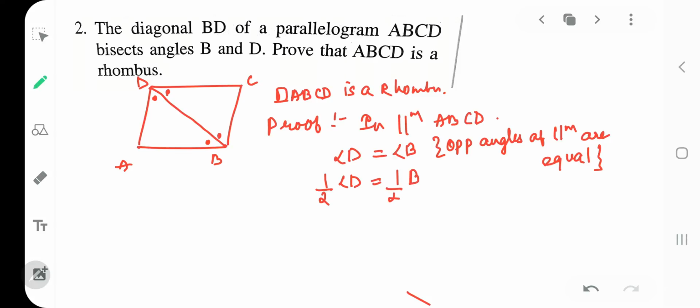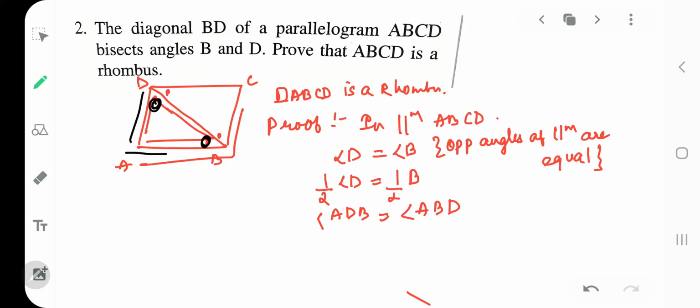Got my point clear? So half of angle D I can put as angle ADB, and half of B will be angle ABD. So ADB is equal to ABD.